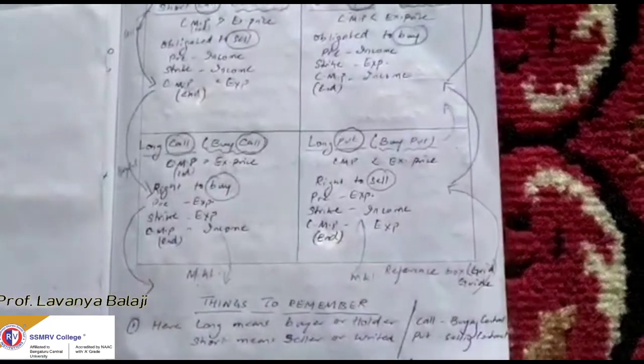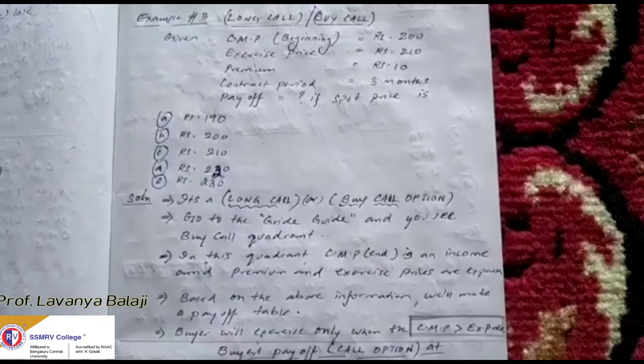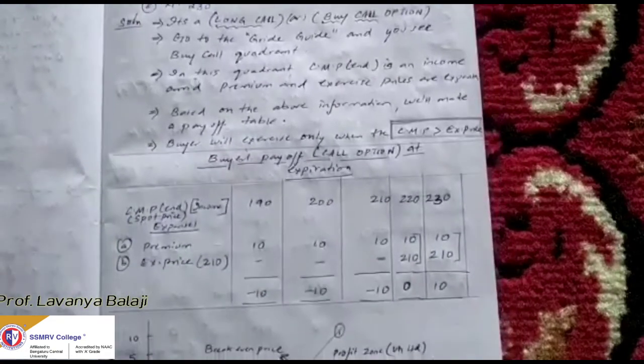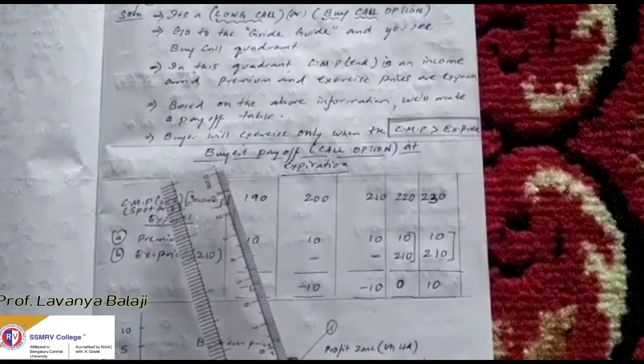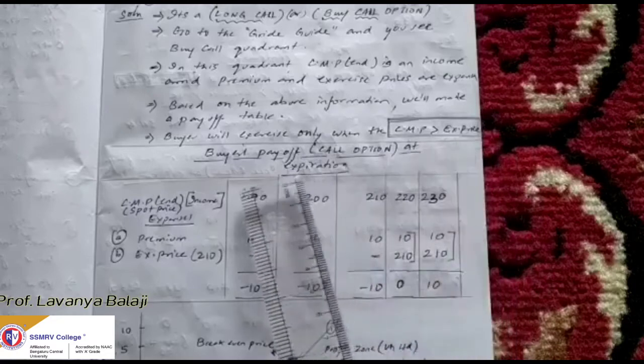So based on this information, we'll try to draw a payoff for the buyer. So when we draw the payoff, it's a payoff on the call option at the expiration.